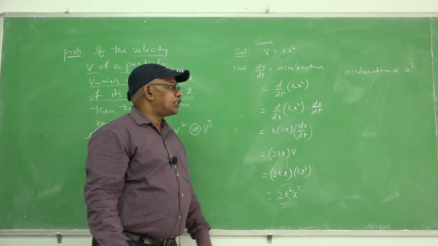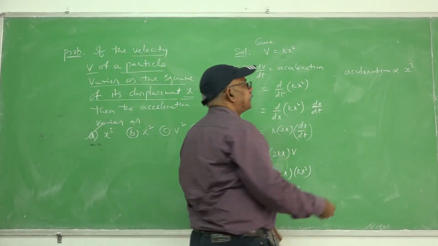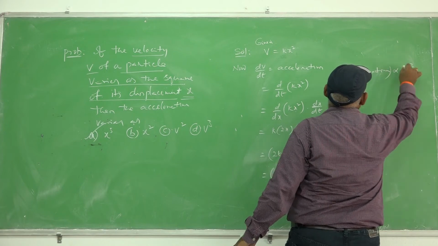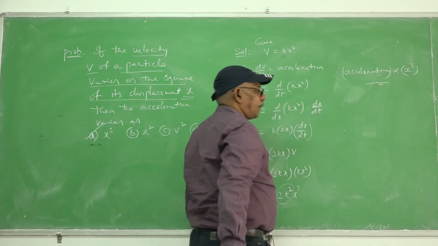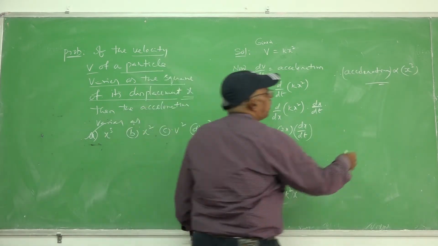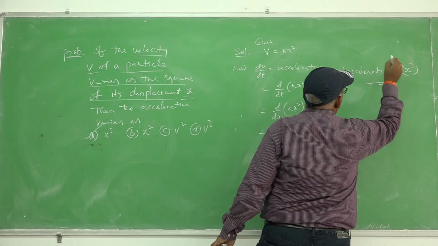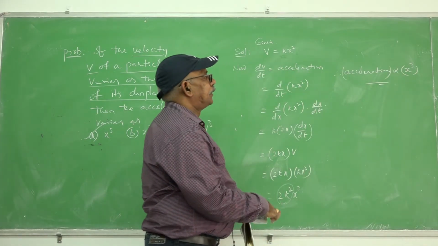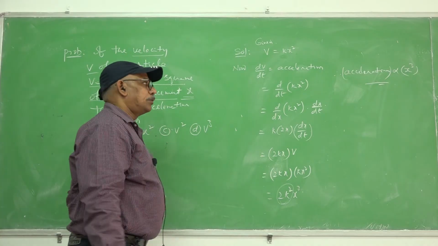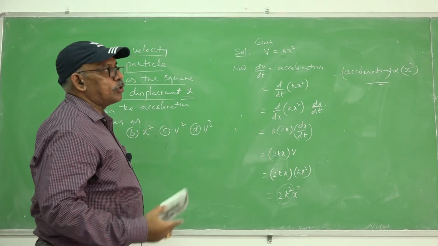Acceleration is proportional to x cube itself. That is the proportionality symbol.